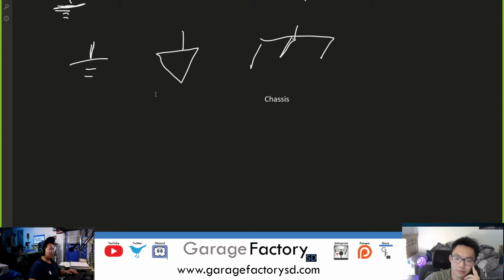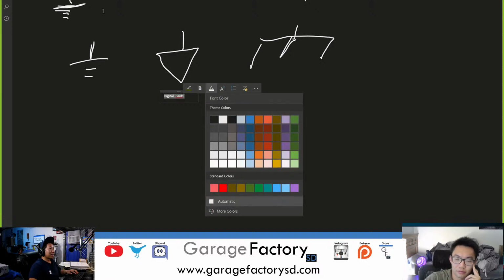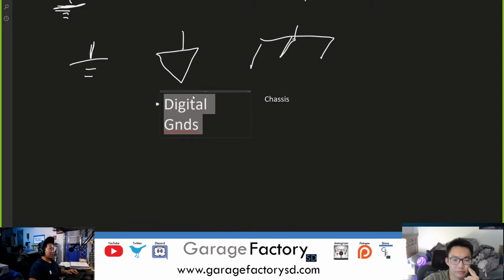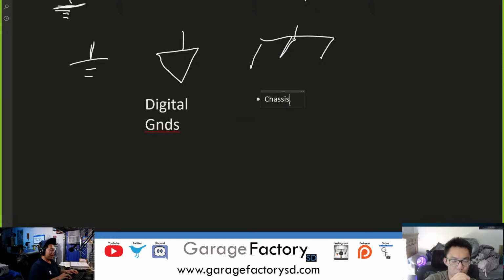And these are, yeah, the triangle I see in the old books. Digital ground, and then this one's like analog ground. But then what ground is, it's not really a ground. This is the true ground. These two are actually return paths. They're just a connection path, like a reference.